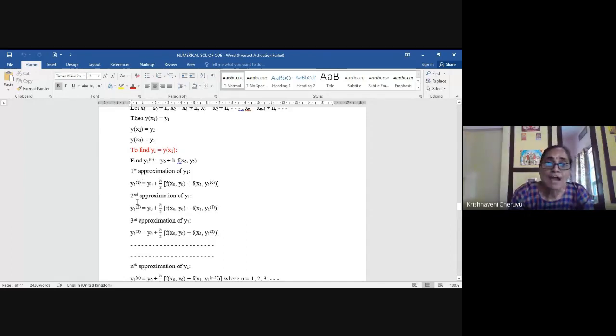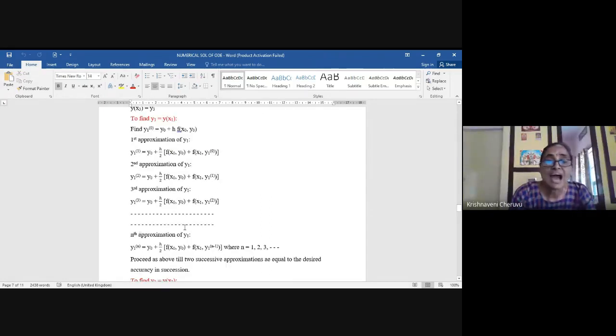Like this you keep on finding the first, second and third approximate values for y1. How long must you continue? Until you get two equal approximations in succession. Maybe y1 bracket 4 is equal to y1 bracket 5, then you can end the process, and that will give you y1. Sometimes y1 bracket 5 may equal y1 bracket 6, and that would be your y1.